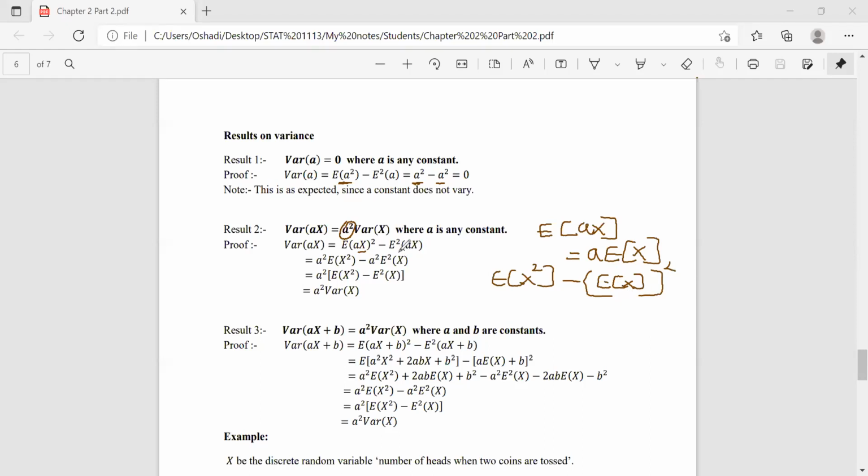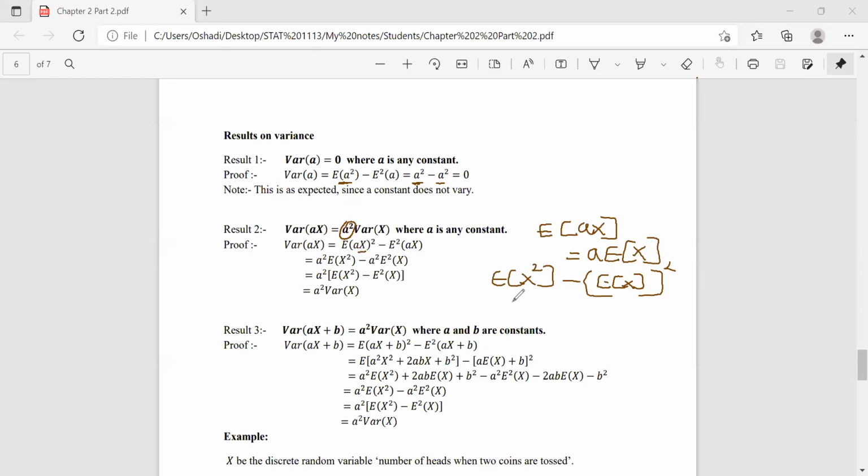We can write it with the notation E squared of AX. So here this becomes A squared x, right?